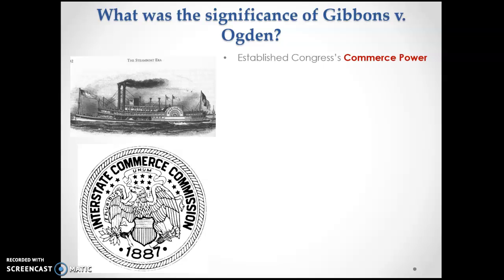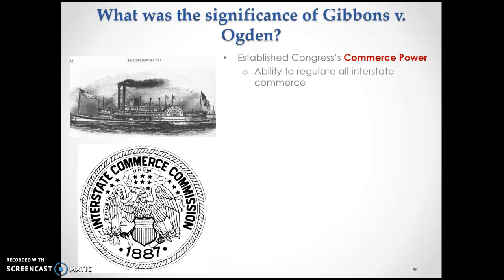And so this decision by the Supreme Court greatly strengthened the federal government's ability to regulate anything that could have an impact on the national economy, right? Anything interstate is the national economy.